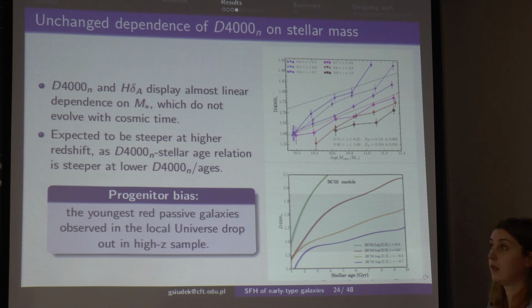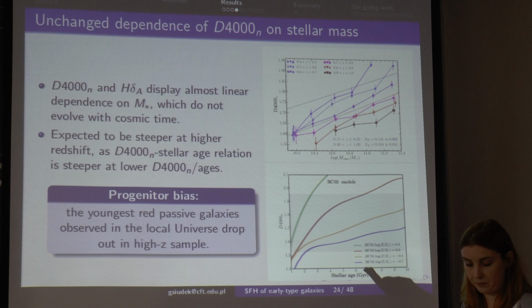But we see that they are comparable, and this might be because of the progenitor bias, that the youngest red passive galaxies observed in the local universe were just at the stage of formation at higher redshift, so they drop out of this sample.